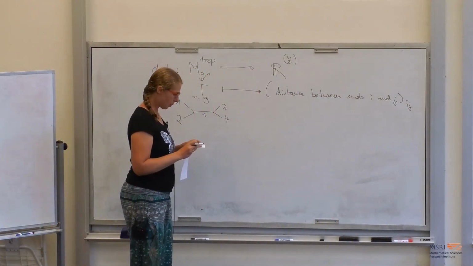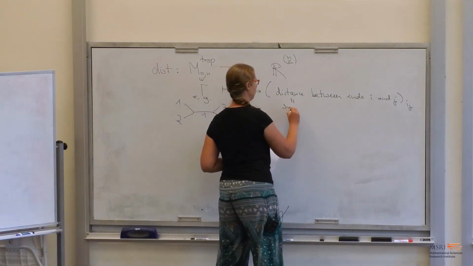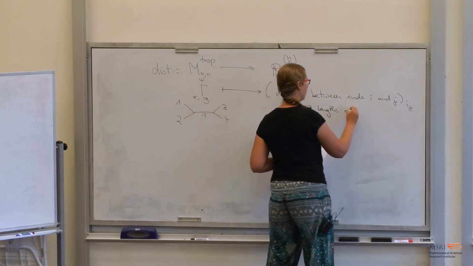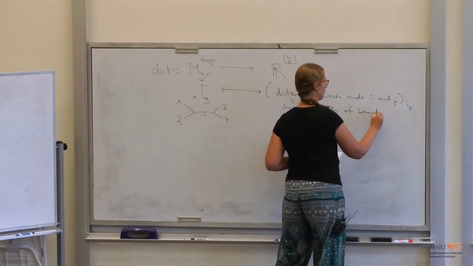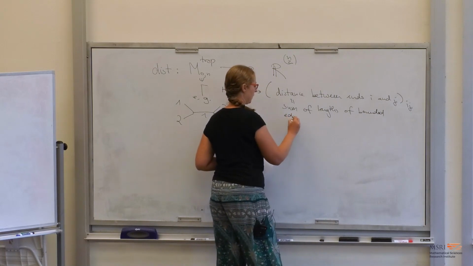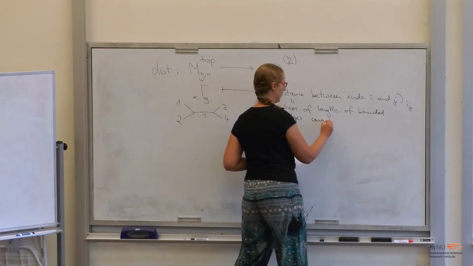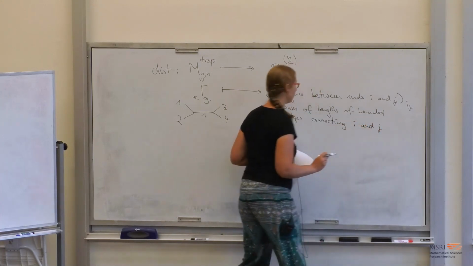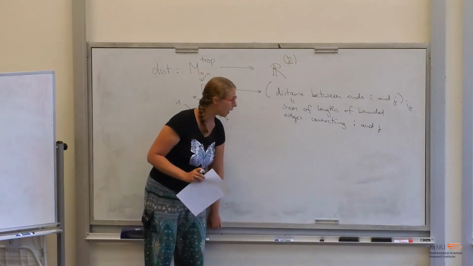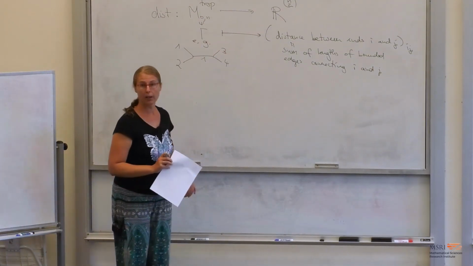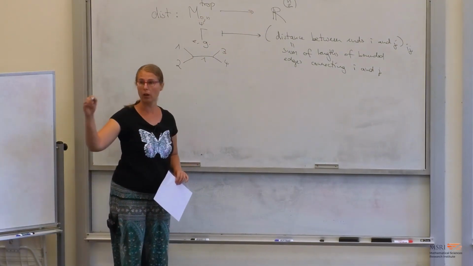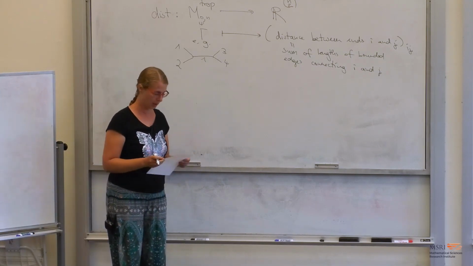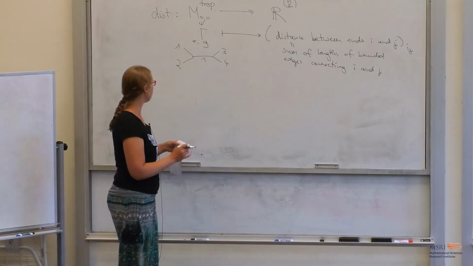And when I say distance, what I mean is the sum of the lengths of bounded edges that connect those ends i and j. We're talking about the rational case here, so there's a unique path going from end i to end j, and I sum over all the lengths of the bounded edges in that unique path, and that is what I want to call the distance between end i and end j.